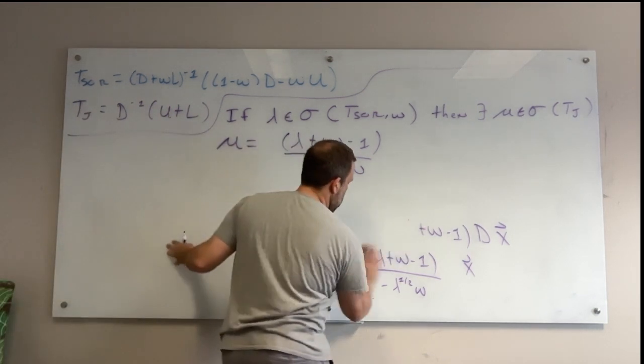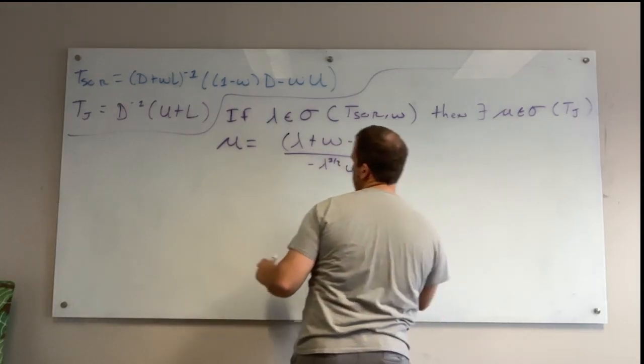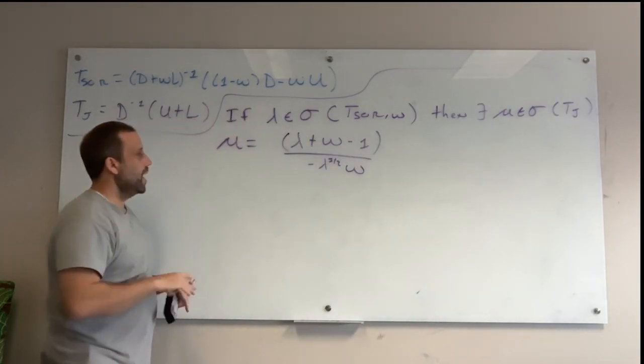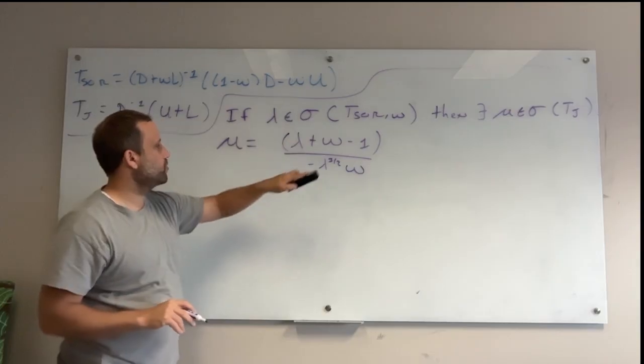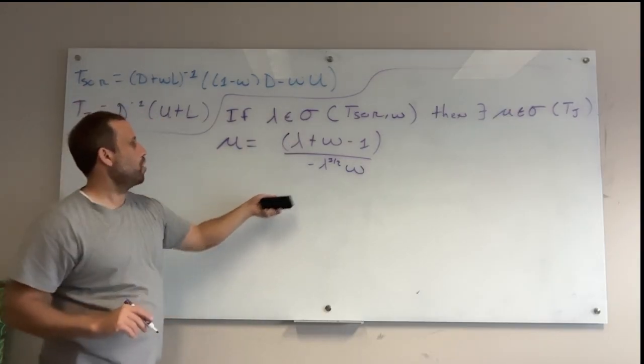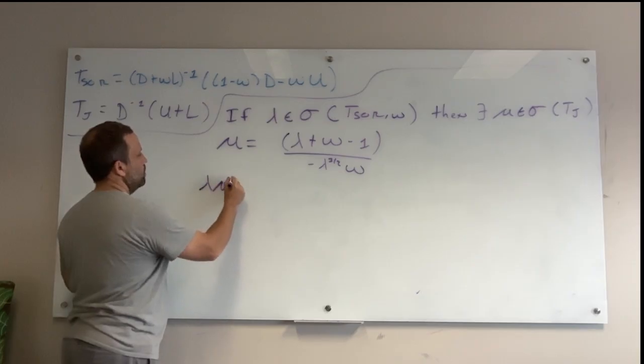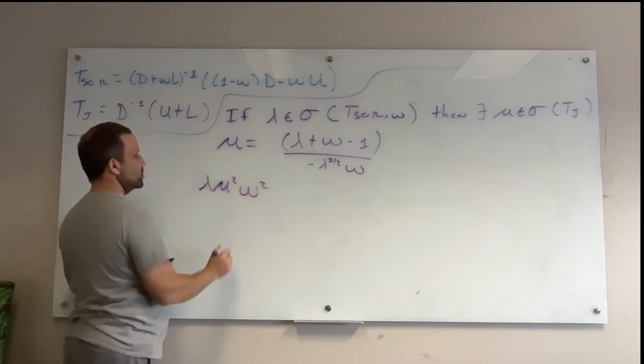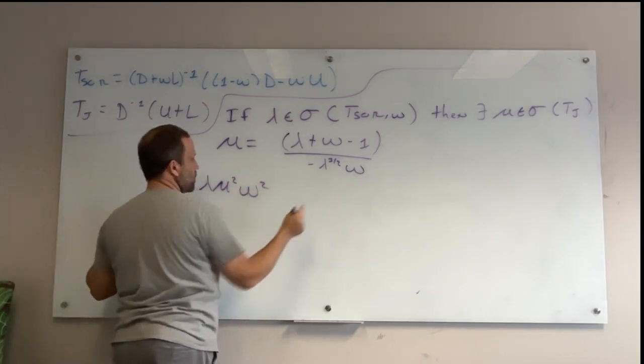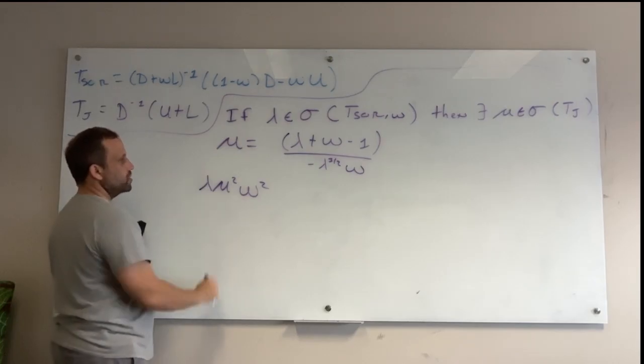So what we're going to do now is write this a little cleaner. We're going to square both sides of this and move all of this over here. And when we do that, we're going to get lambda mu squared omega squared. When you square this, you get lambda times omega squared.